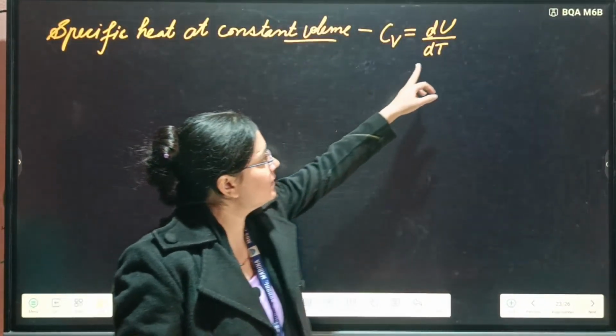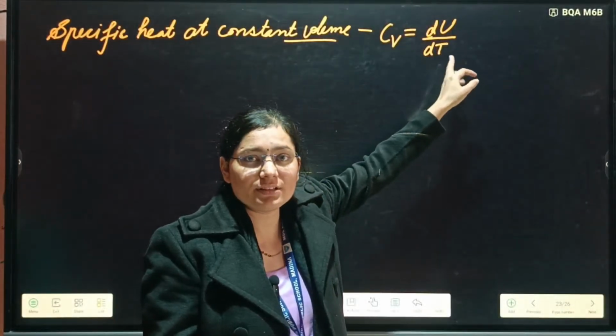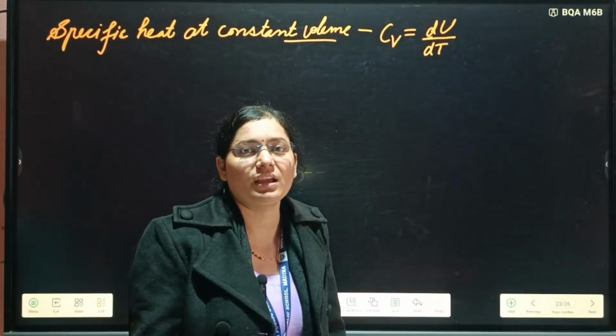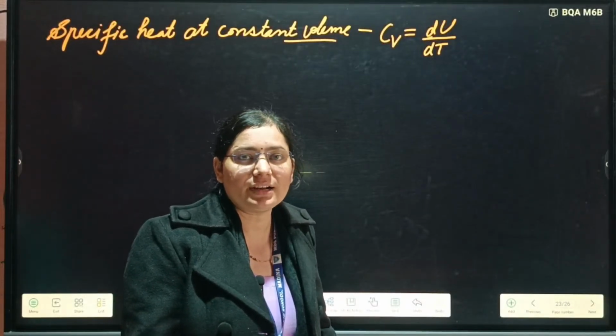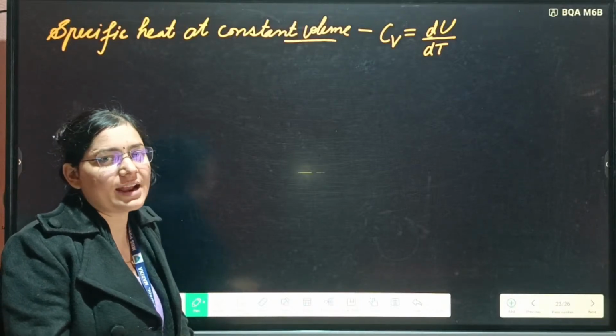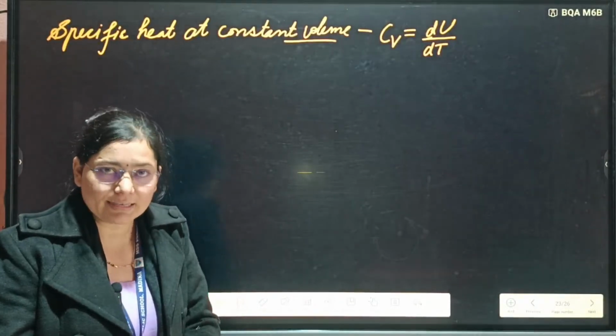Here T is temperature, not time, and U is the internal energy. Specific heat is how much the temperature of 1 mole of gas increases at constant volume, and we call it dU by dT.